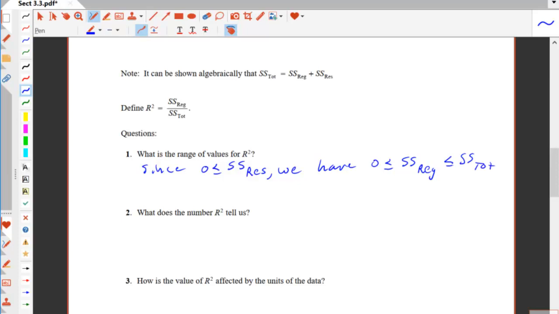Specifically, SS total is SS regression plus something non-negative. So SS total has got to be greater than or equal to SS regression. Now, let's take this compound inequality and divide through by SS total. So 0 divided by SS total is just 0. SS regression divided by SS total is R squared. And SS total divided by SS total is 1. And so we have it. R squared is going to be a number between 0 and 1.